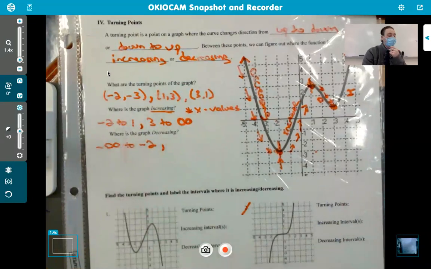Maybe somebody from home can help me out with this one. Where's my second interval of decreasing from? Between what two x values?